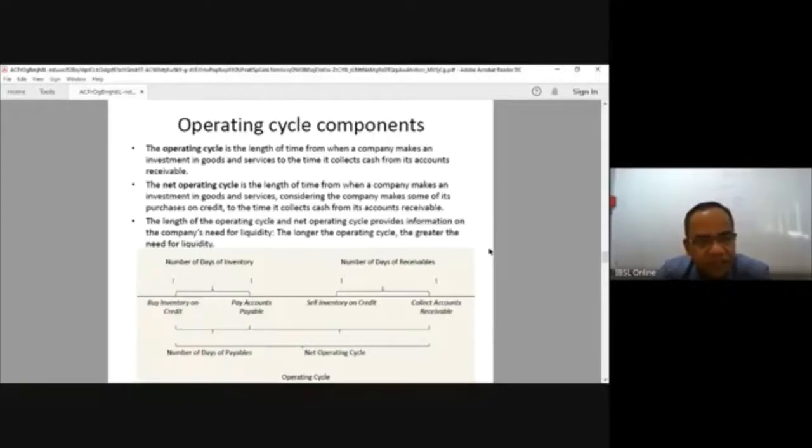From the time the inventory has come to the time the amount is paid, that is the credit given by the supplier. The goods are in stores, or goods are immediately sold also. It can be in the stores and then over a period of time they will sell, or maybe immediately also is sold.